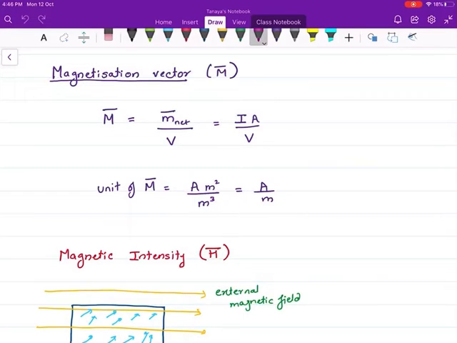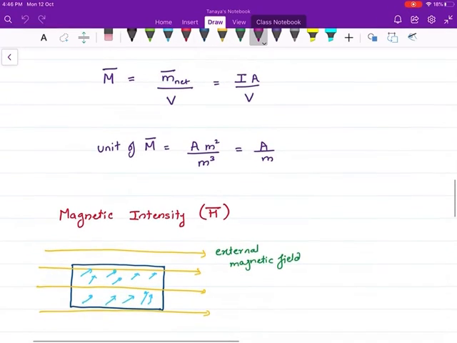And what is M bar equal to? M net divided by the volume. What is this M net? M net is the net magnetic moment, because of orbital motion, because of spin, whatever the reason. This net dipole moment is divided by the volume. The magnetic moment is current into the area, so M bar is current into area upon volume.